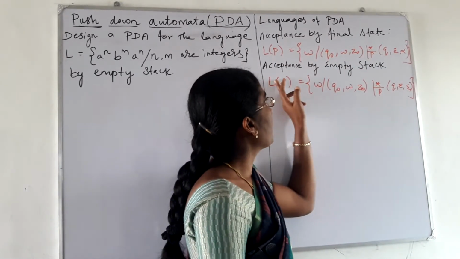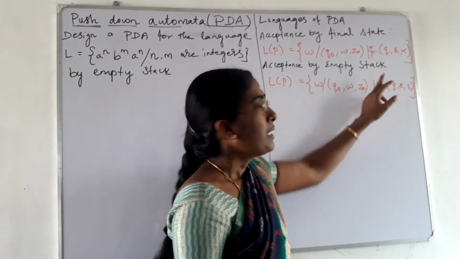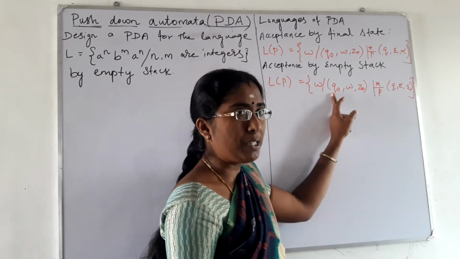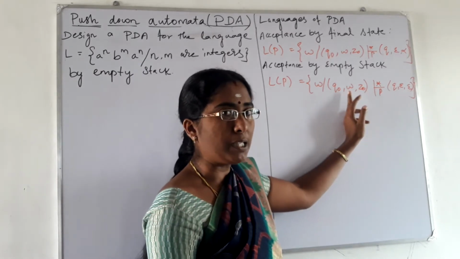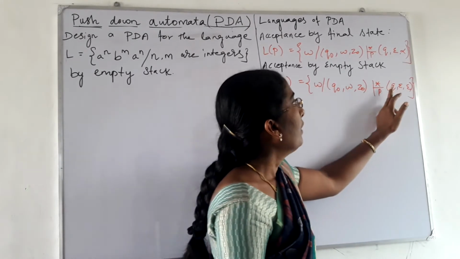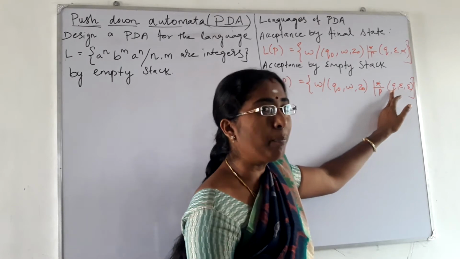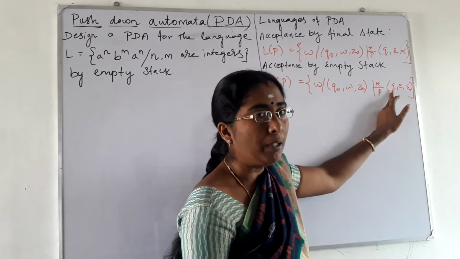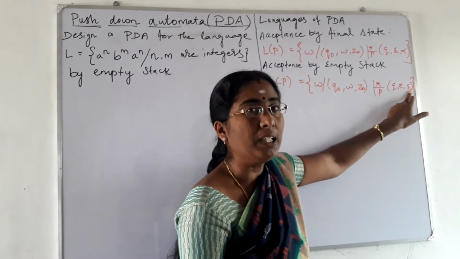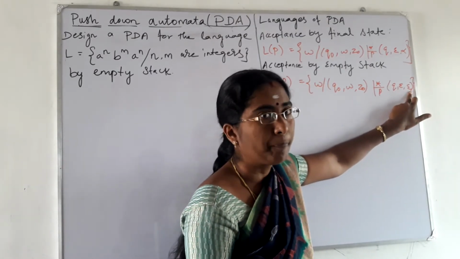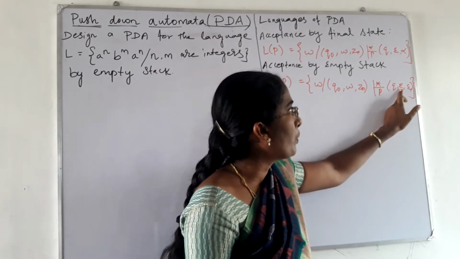And the next one is acceptance by empty stack. Here, from the start state Q0 with the initial top of the stack Z0, by reading the string W, Q may or may not be the final state. But there are no symbols on the stack. The stack will be empty after reading all the input symbols.